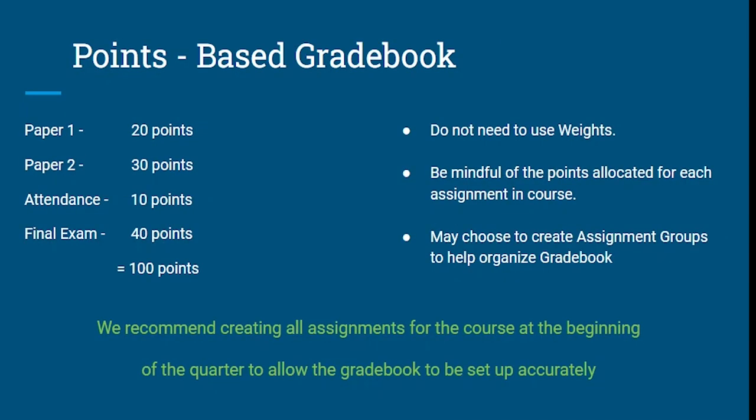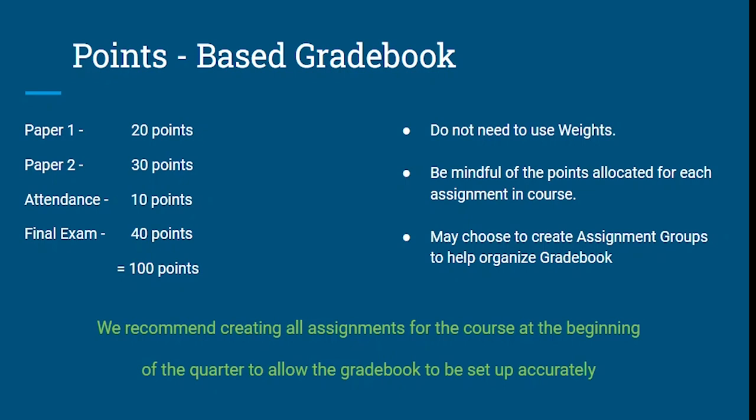If you're using a points-based grading scheme, you do not need to use weights when setting up your gradebook. As you add more assignments to your course, be mindful of the points allocated to each assignment. In the example on the left, each individual assignment in the course has been allocated specific point values, which then accumulate in a total of 100 points.